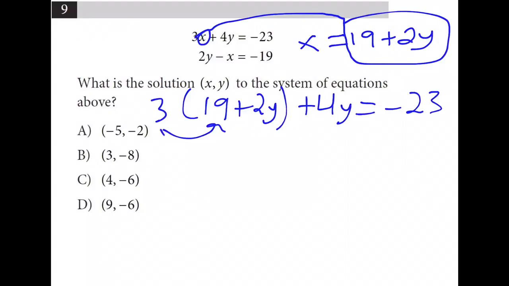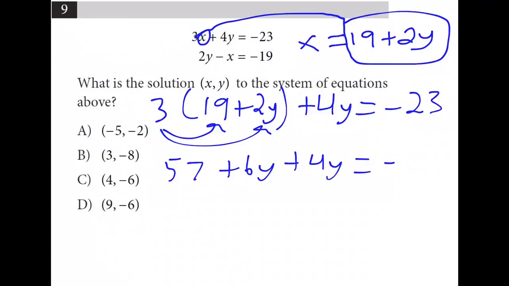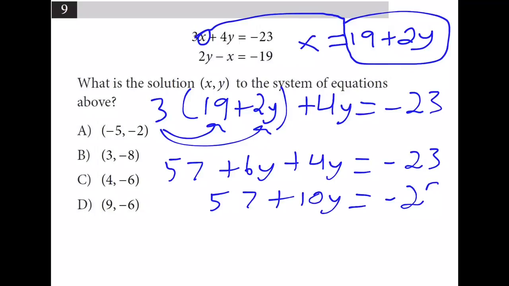Then I distribute the 3. I have 57 plus 6y plus 4y is equal to negative 23. I combine like terms. I get 57 plus 10y is equal to negative 23.